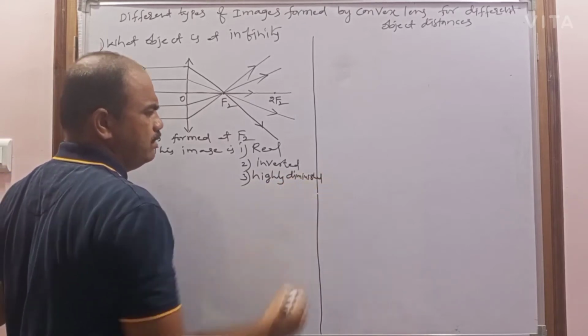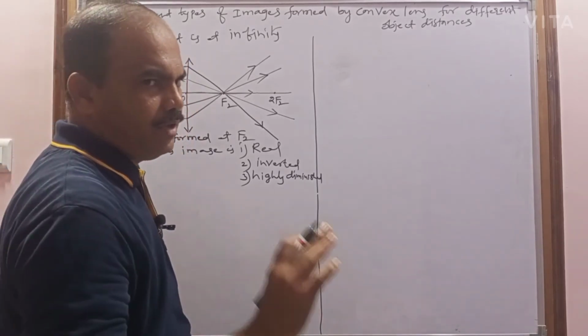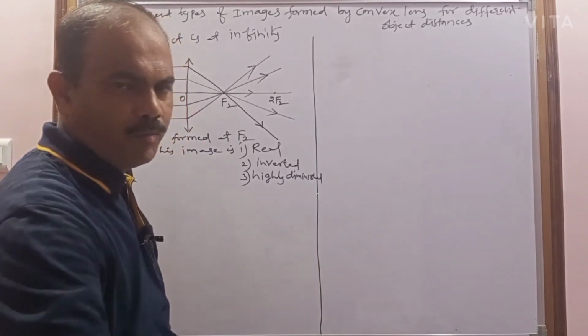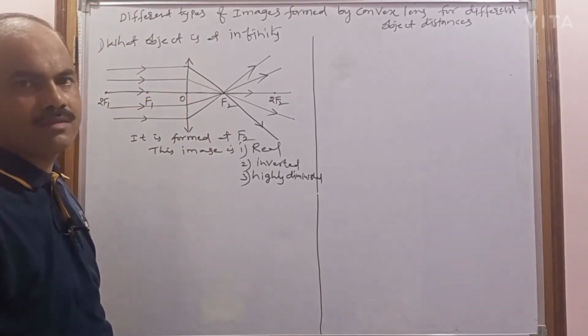Also remember, the same types of image formed by the concave mirror are also formed by the convex lens.